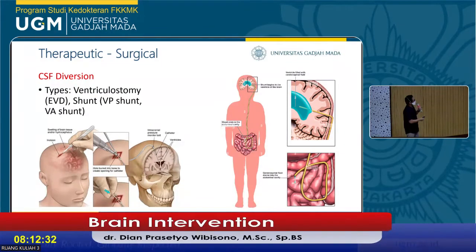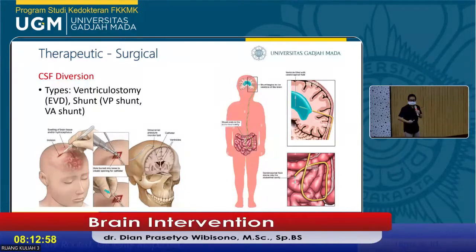We call it shunt. Shunt means we make another pathway. Where is the pathway to remove the CSF? We should find a potential space. Inside our body, there are also many potential spaces, such as the space inside the abdomen.